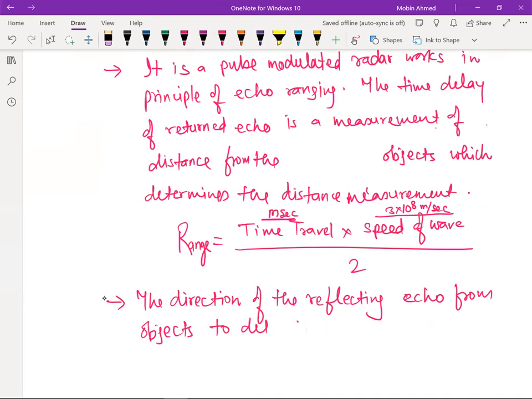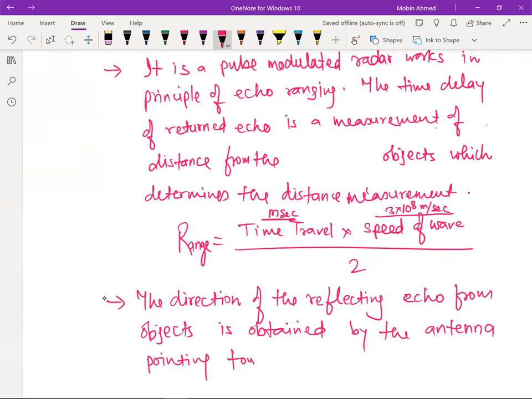Okay, the direction of this one from objects is obtained by the antenna pointing towards the object.